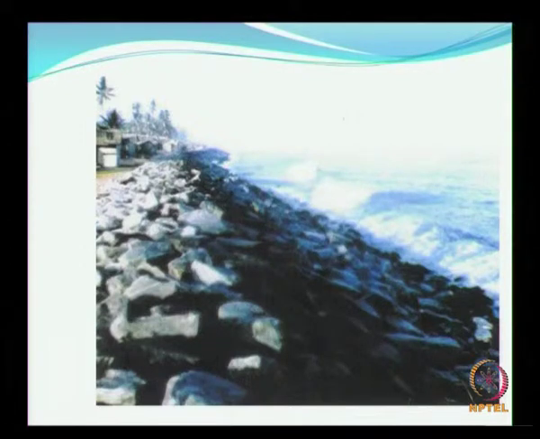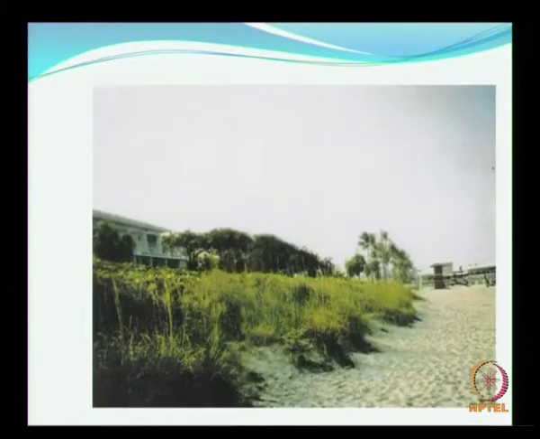This is, I think, somewhere near in Sri Lanka, along the Sri Lankan coast, and you see that the protection has been found to be quite fruitful, but the only thing is they need to do frequent rehabilitation, and regular monitoring is a must.